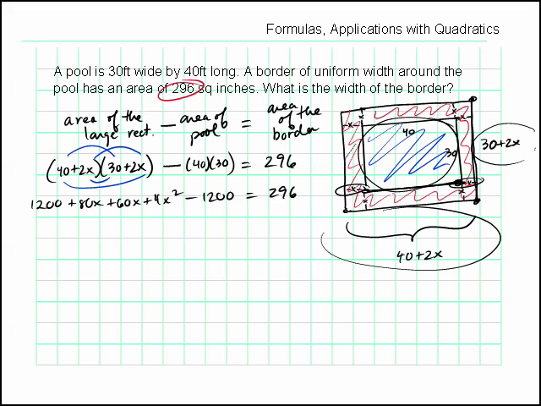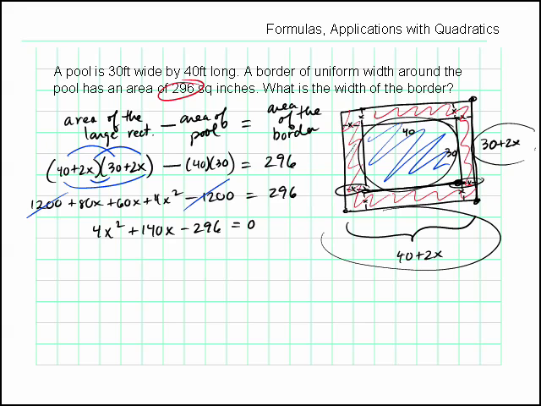Okay, so let's see. We have these canceling away, and combining our like terms, moving everything to the left side, we end up with 4x squared plus 140x minus 296 equals 0.